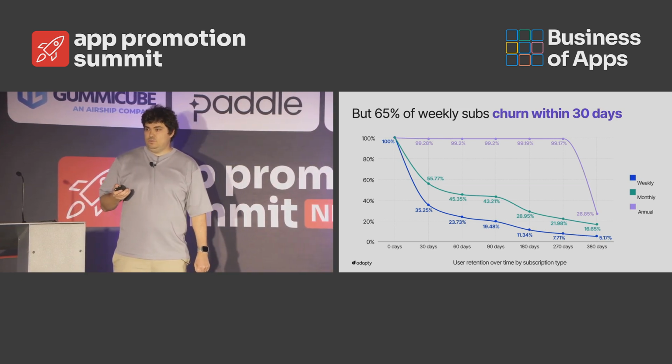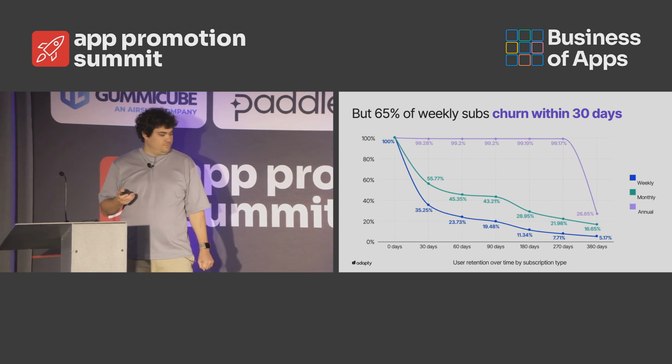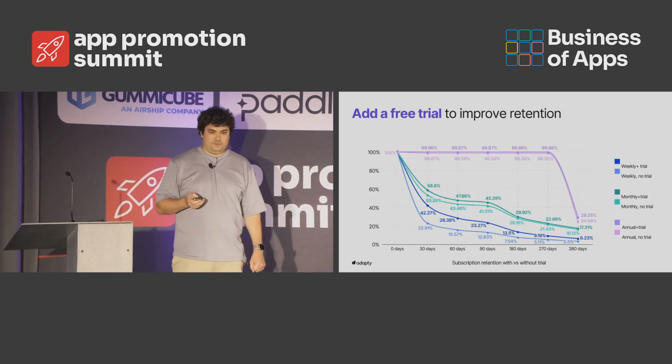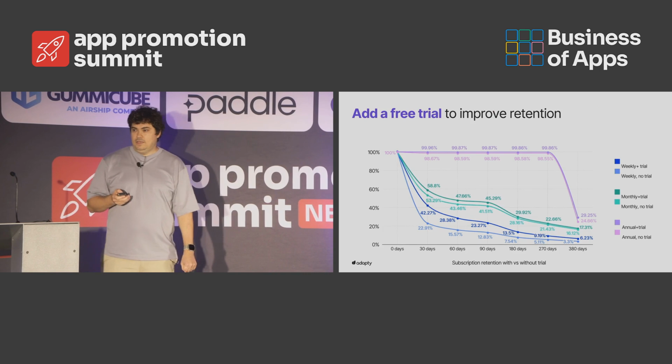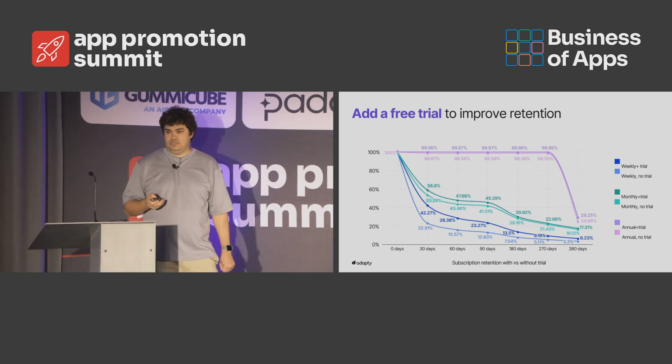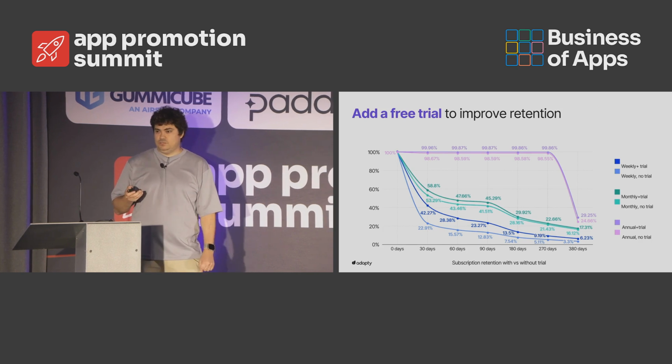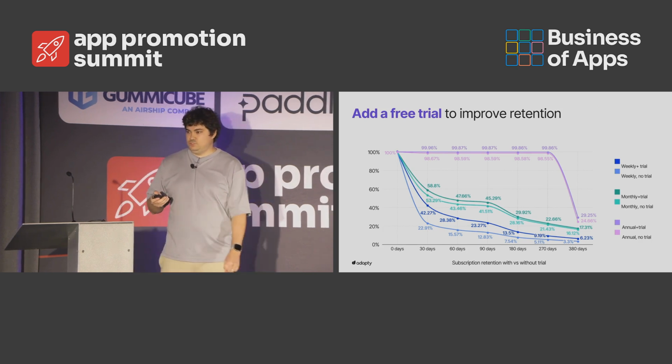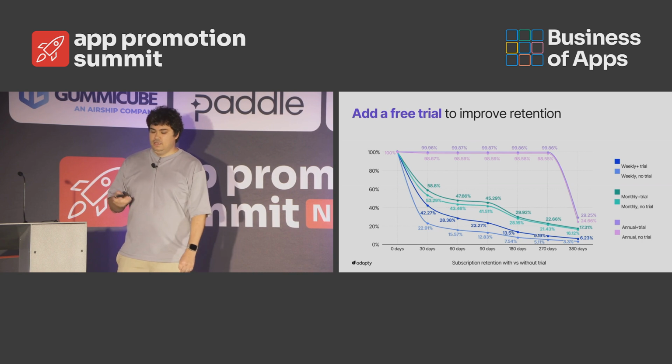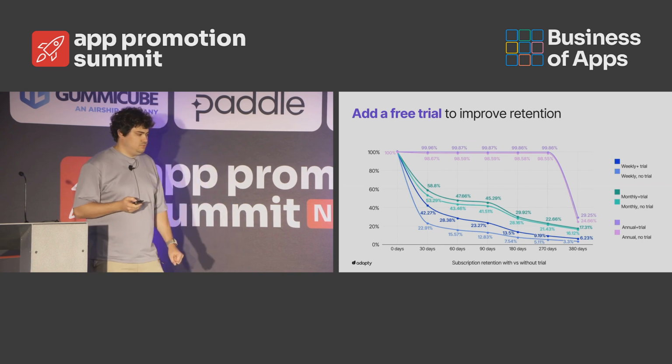There is a very easy way to improve retention, and for that, you have to introduce free trials into your application. As you can see on this chart, introducing free trials increases retention across all popular subscription durations: weekly, monthly, and annual subscriptions.